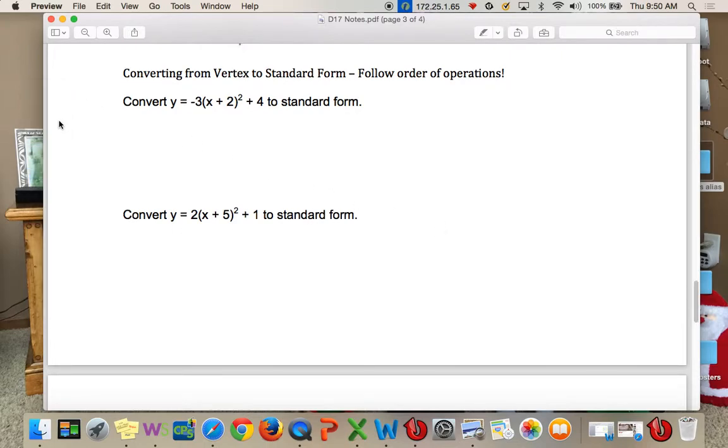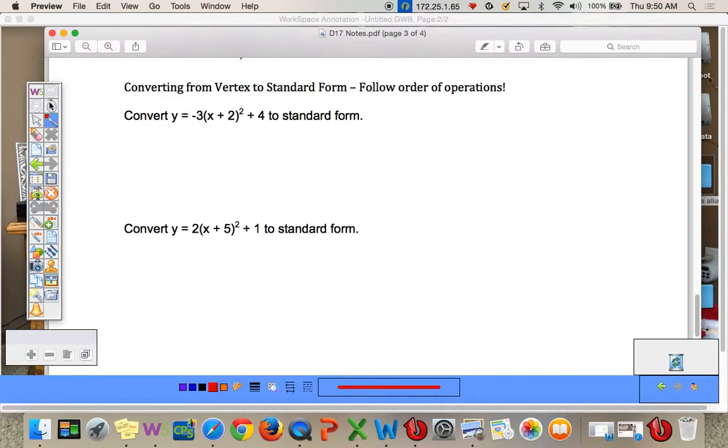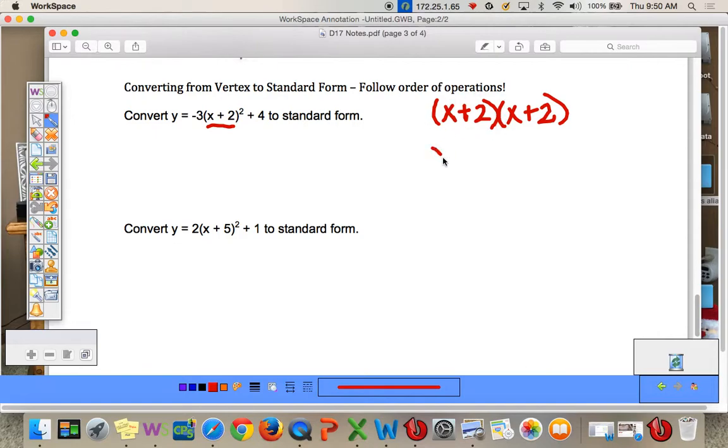All right, let's multiply this out. You have to use order of operations. Order of operations, PEMDAS, we start with parentheses. So the first step, you have to multiply out x plus 2 times x plus 2 first. You can use a rectangle, you can FOIL. I'll FOIL this one. So we have first plus the outer plus the inner plus the last. So we have x squared plus 4x plus 4.